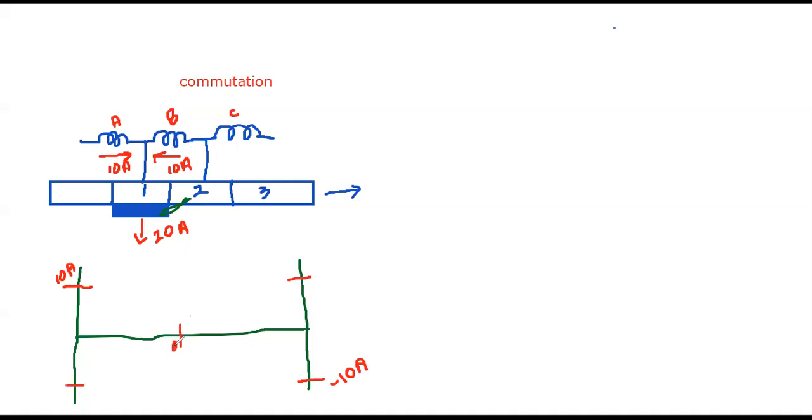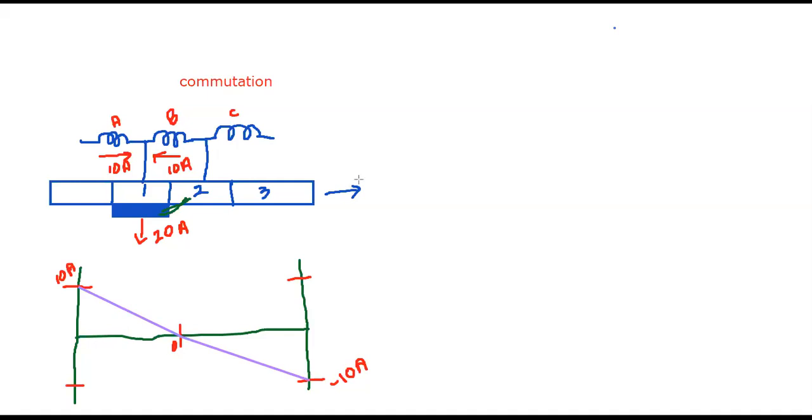Now I am going to draw the characteristics for the ideal commutation. If it is ideal commutation, what should happen? It should touch the value of 0, and then from here it has to go to minus 10 ampere. Then only there will be a reversal of current.